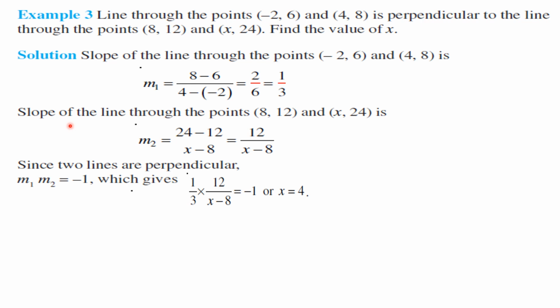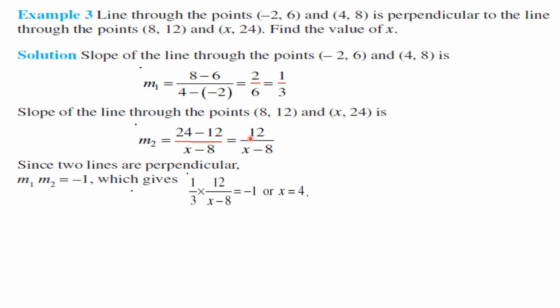Next, let us find the slope of the second line. The slope of the line passing through the points (8, 12) and (x, 24) is, here also we use the same formula, y2 minus y1 by x2 minus x1. Okay, my children. Here this is x1, this is y1, and this is x2, and this is y2.